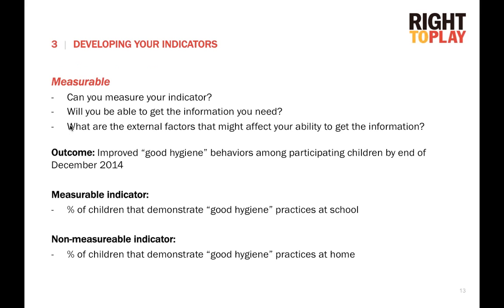And again, the example here, the non-measurable indicator, is certainly relevant to our outcome, and it would provide useful information about our results. But it's probably not feasible to observe all the children's hygiene practices at home, and it may not be appropriate for a Right To Play staff member or facilitator to visit the children at their home to observe them in this way.